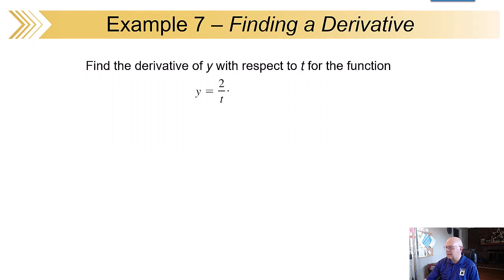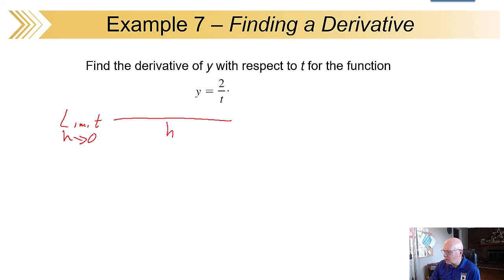All right, let's get to a good example here. Find the derivative of y with respect to t. Well, one of the reasons for this being here is because we're not using x all the time. And this can be rather interesting. First of all, you're going to take the limit as h approaches 0 of what?